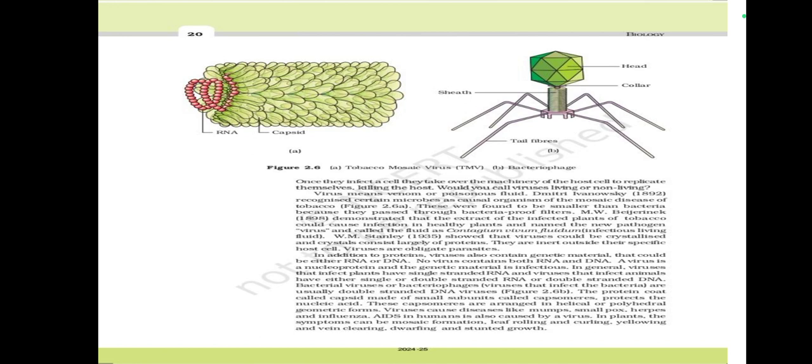In general, viruses that infect plants have single stranded RNA, and viruses that infect animals have either single or double stranded RNA or double stranded DNA.